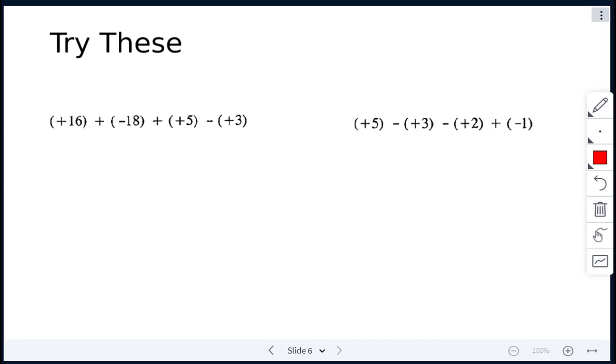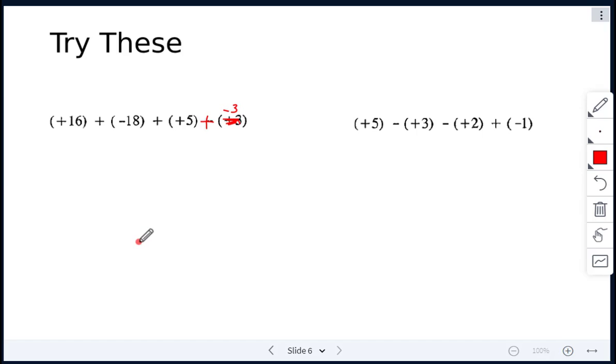Okay, so for this question, we have positive 16 plus negative 18 plus positive 5 and then minus positive 3. So we're just going to rewrite that, change that to positive and change this to negative. So I'm just going to change it right here. It becomes plus, and this becomes negative 3. So we'll just cross that out.